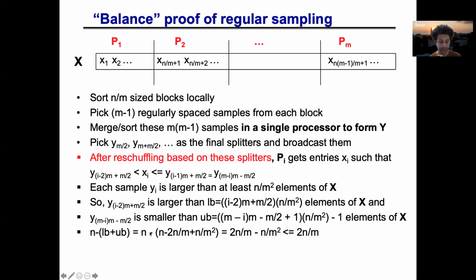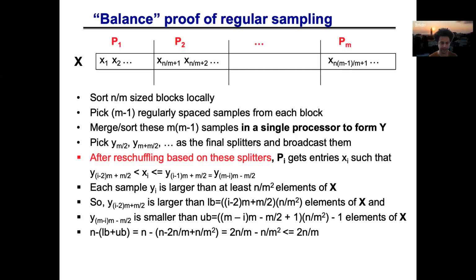If you do this math, you get 2n over m minus n over m squared, which is less than 2n over m. In the best case, we expect n over m elements for a processor, and what we proved is that in the worst case, that can only be a factor of 2 off, which is not really bad.